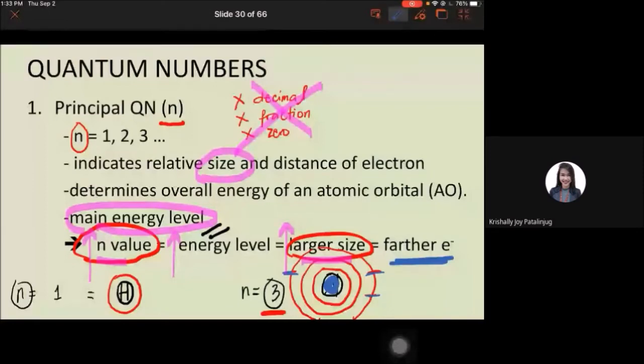That's why farther ang nakalagay dyan. Farther yung electrons from the nucleus. So yan yung meaning dyan. Alright? So I repeat, the principal quantum number could have a value of a whole number from 1, 2, and so forth. It is the one that describes the size of the atom and the highest energy level ng atom.